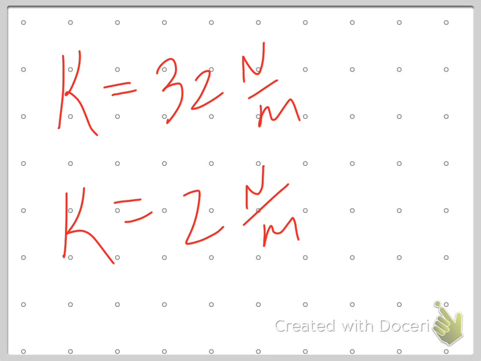This one, if you deform it by a meter, it's going to take you 32 newtons to do it. It's also going to deliver a whap of 32 newtons if it hits you. With this one, it only takes 2 newtons of force to deform it. And if it springs back and hits you, it's only going to deliver 2 newtons of force to you. So the amount of work that it can do is less.